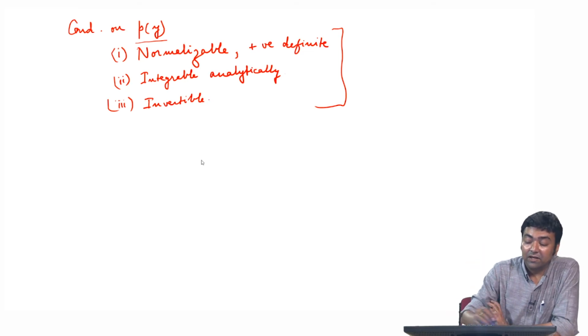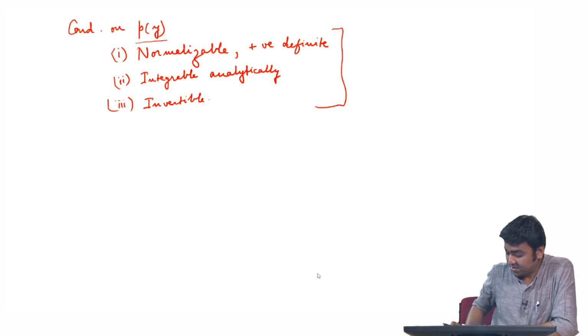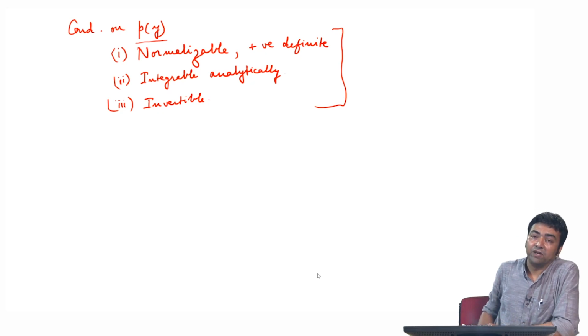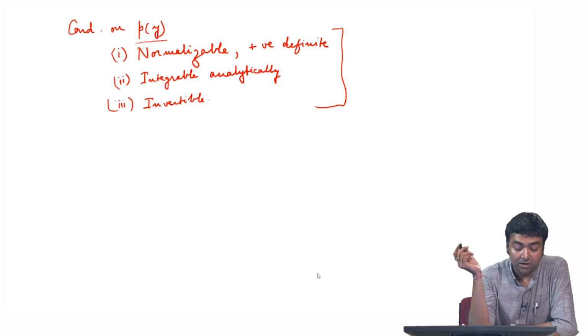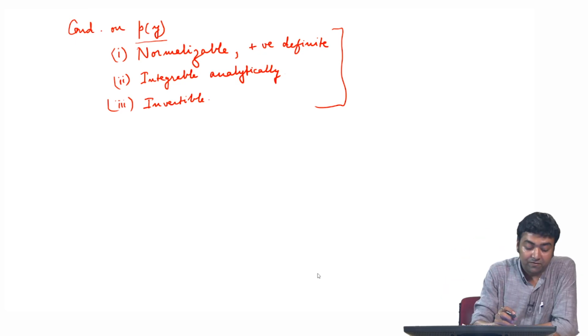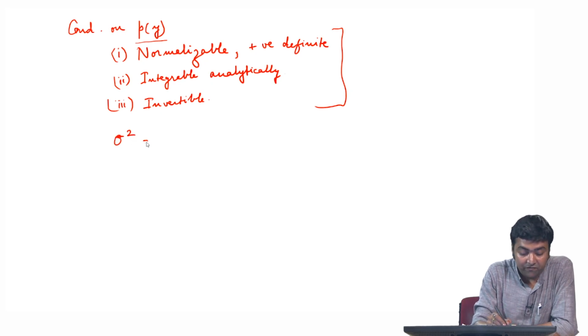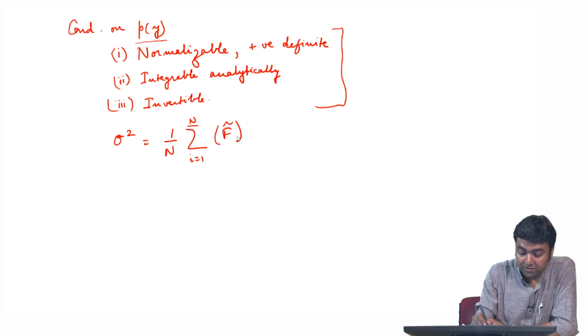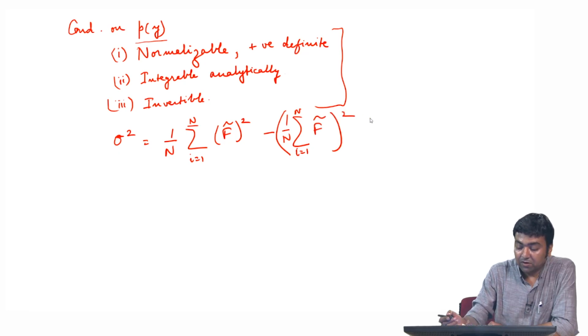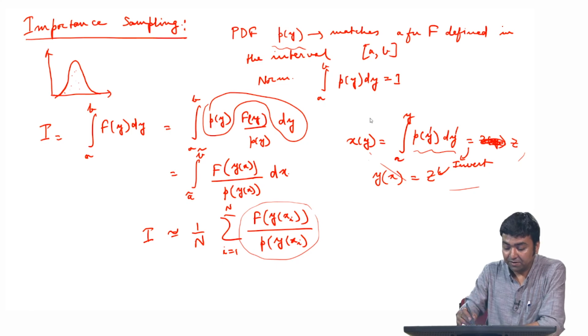Having said this, if we can come up with a probability distribution function whose shape matches the shape of the integrand we are interested in integrating, this is a very efficient way. The error or the variance can then be computed in the following way: the sum over i equals 1 to n of f tilde squared, minus the square of the sum over i equals 1 to n of f tilde, each divided by n, where f tilde is this modified function.